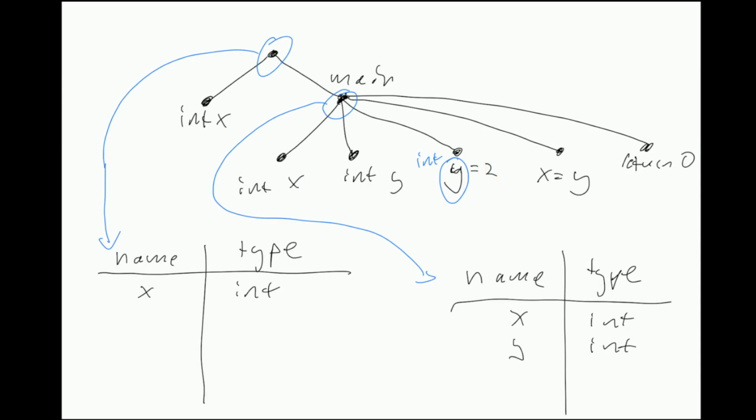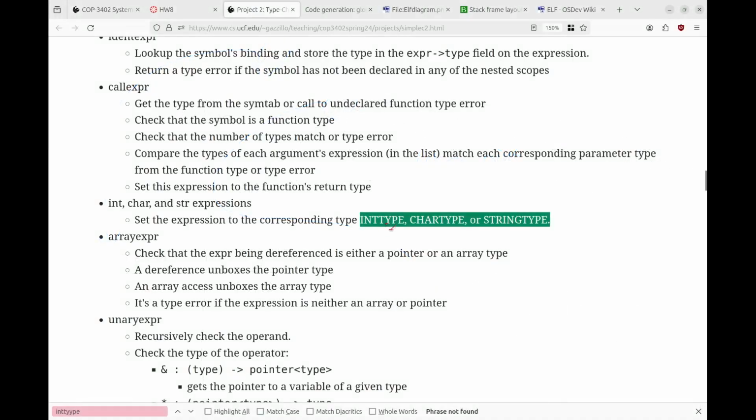Whenever we see a constant int expression, then we can just always return the int type. And there are built-in constants for you for referring to the primitive types in our language. So you just return int type.